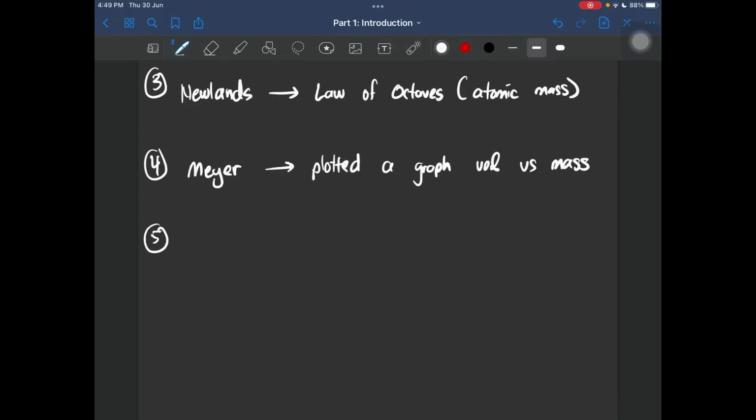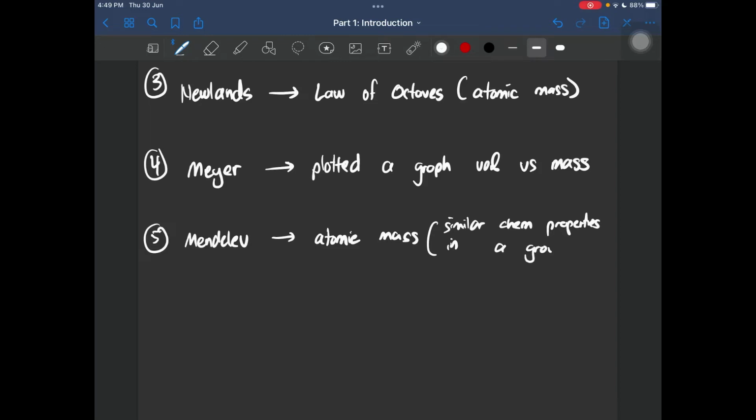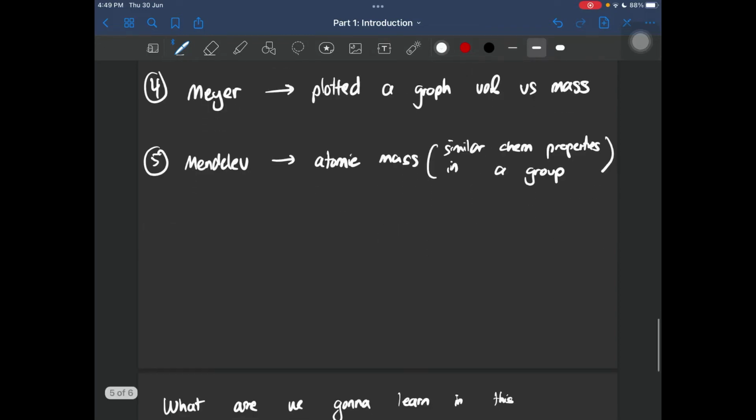And then came another M, which is Mendeleev. Mendeleev proposed the periodic table to be constructed according to the atomic mass. At the same time, he arranged the elements with similar chemical properties in a group. And then lastly, we have Moseley.